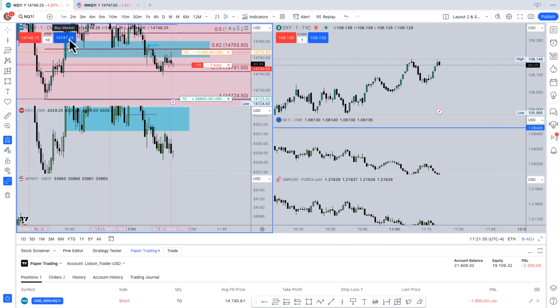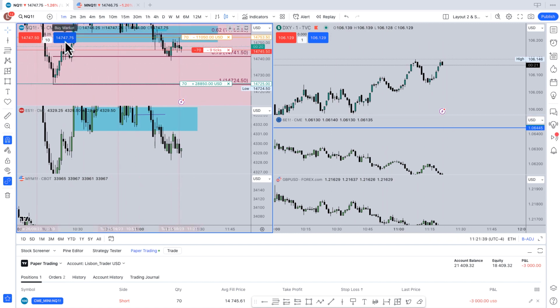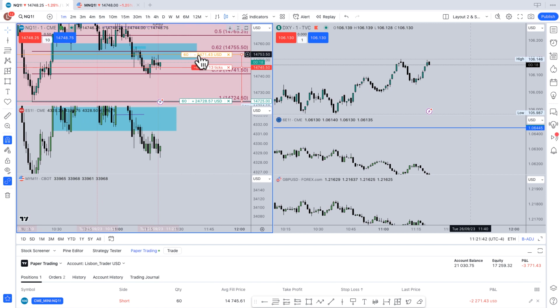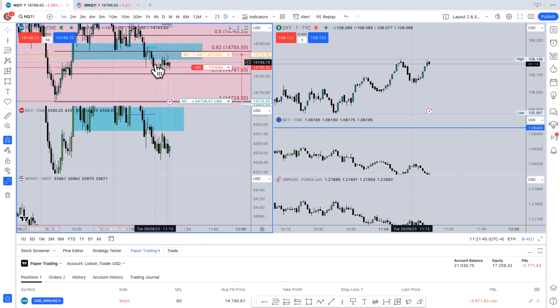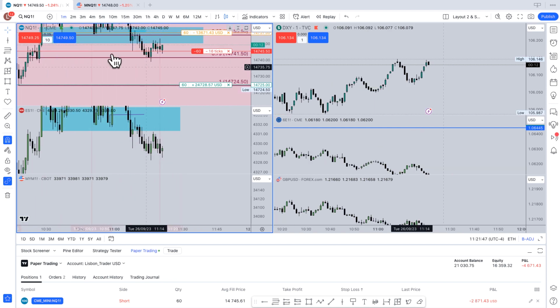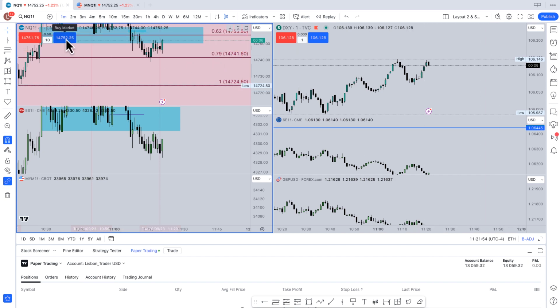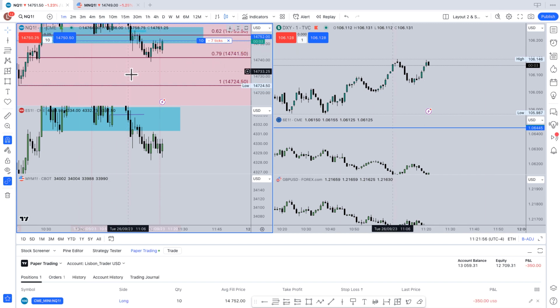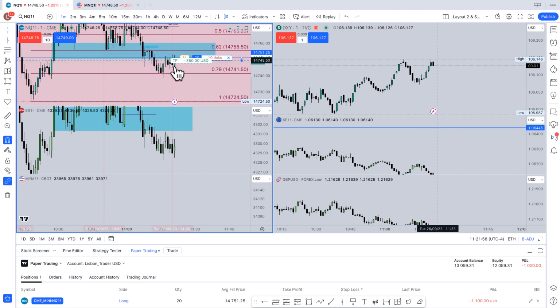I want to stop in a different placement. So let's just buy, reduce, and have it somewhere around here. I was right. It really wants to go higher.